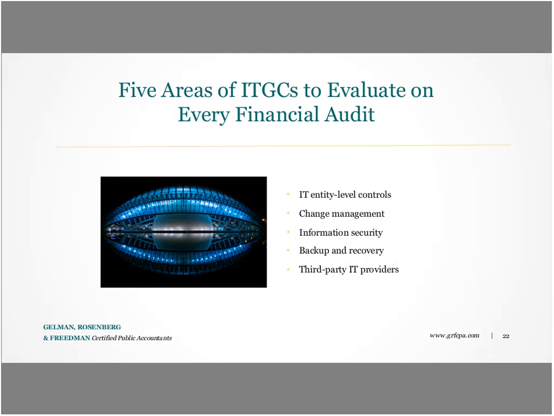Now, while the applicability of any of these areas is only dependent on each organization, as we talked about, and its control environment, as a group altogether, they do represent the most basic and common areas of IT controls that need to be examined during the financial statement audit. So we'll go through each one of these very quickly here.